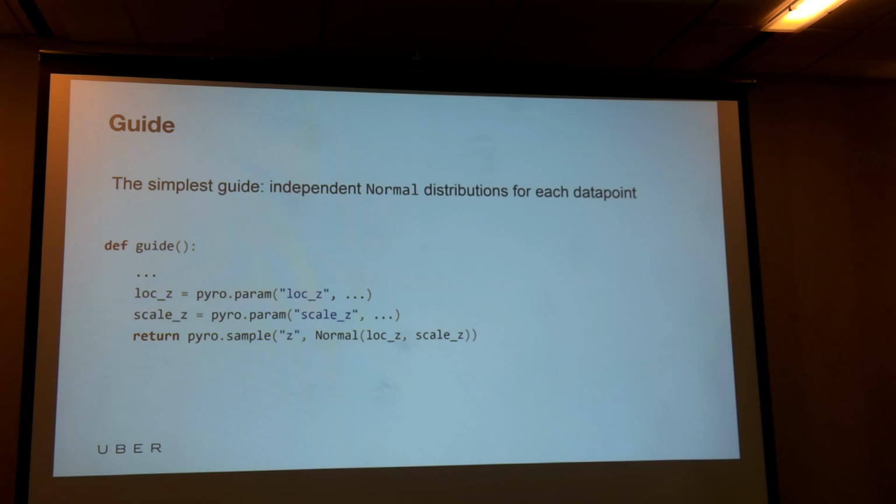They're not global. And so for each Z, for each data point, we'll guess that it's distributed according to a normal distribution whose location and scale are free parameters that can be adjusted by an optimizer.